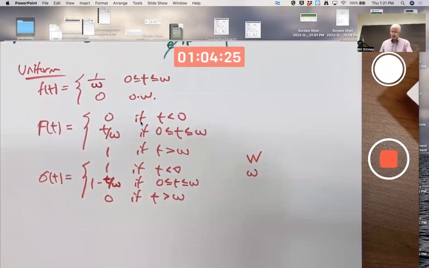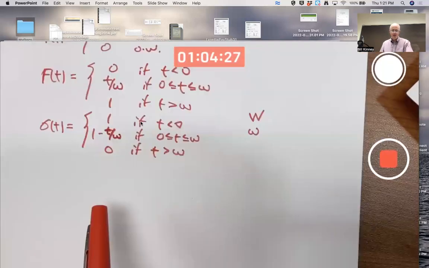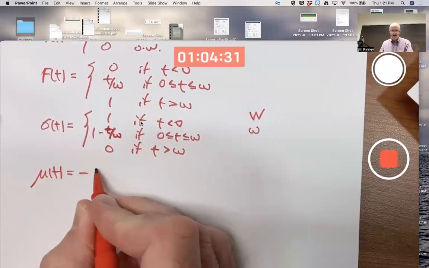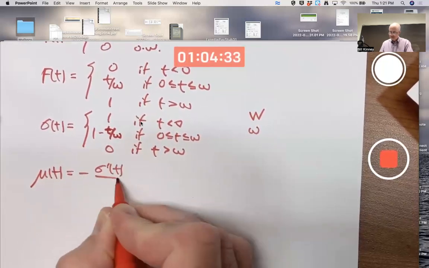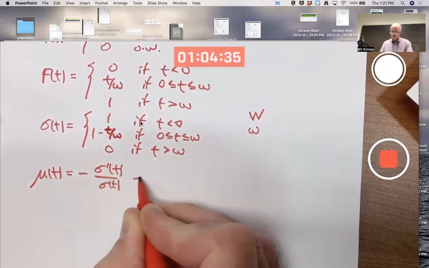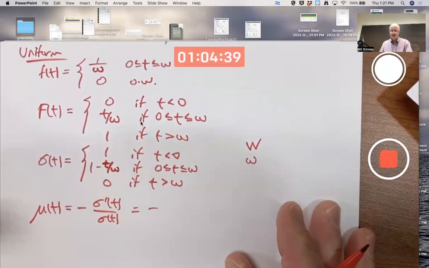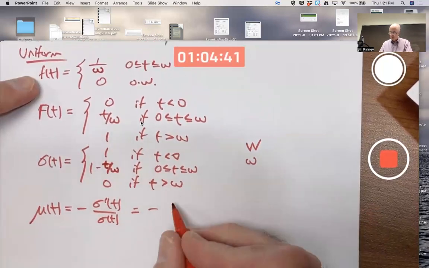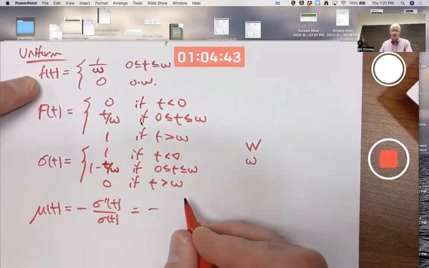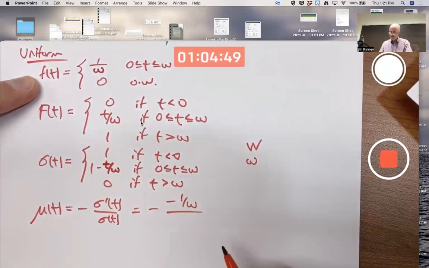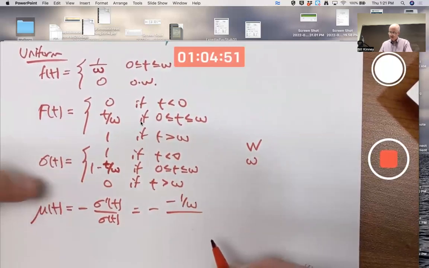So now what is the force of mortality? Once again, it's negative sigma prime of t divided by sigma of t. Again, sigma prime really is the opposite of the PDF. So at least when t is between 0 and omega, we get the opposite of 1 over omega there. I differentiated this.